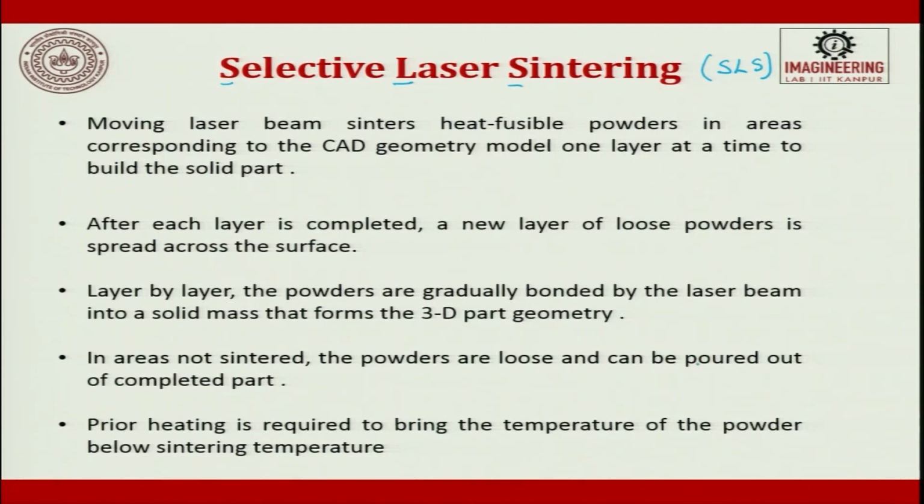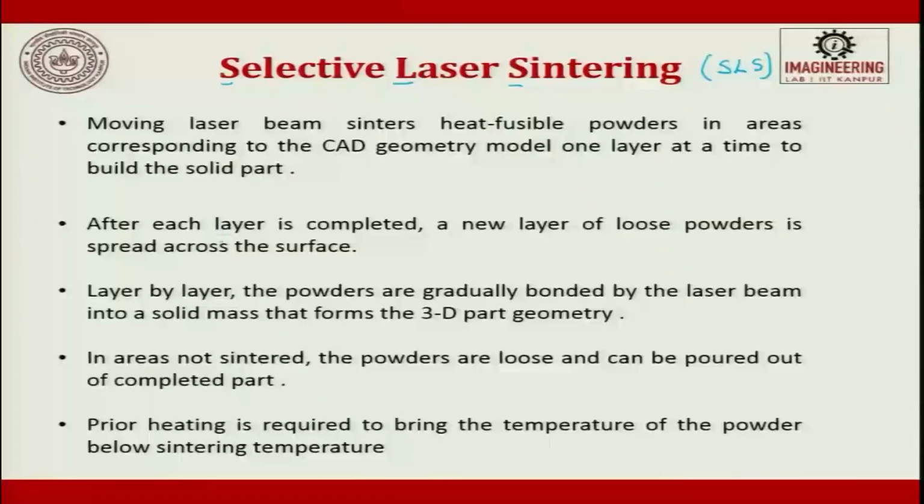After each layer is completed, a new layer of loose powder is spread across the surface. The laser goes on top of the layer and melts the powders, in the sense of surface melting, so they join with each other. It is not exactly melting, it is just joining all these metal powders.